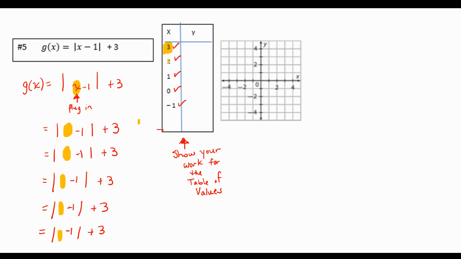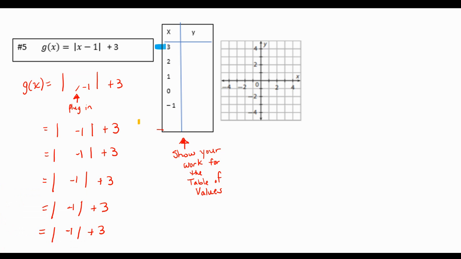So the first one's going to be a 3, the second one will be a 2, then a 1, then a 0, and then a negative 1. So I'm going to plug it in. So I wrote the whole problem down. Absolute value x minus 1 plus 3, five times. And now I'm going to plug in those numbers. It just makes it easier for me to be accurate. I think it's a good way for you guys to do your work too.